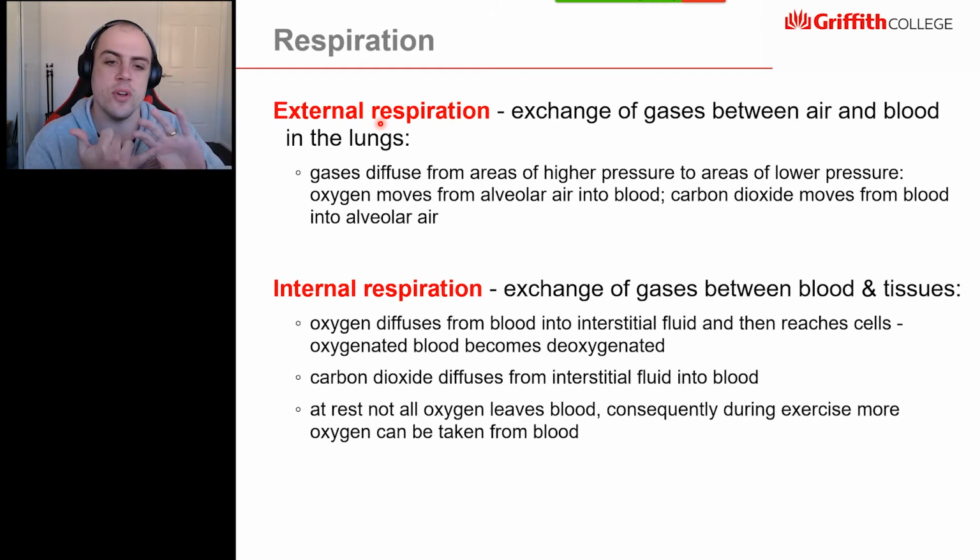That is the exchange of oxygen and carbon dioxide between the blood and tissues. It's very important that we clarify that distinction. Last week we focused more on external respiration, looking at the movement of oxygen and carbon dioxide between the alveoli and our pulmonary capillaries to oxygenate that blood.